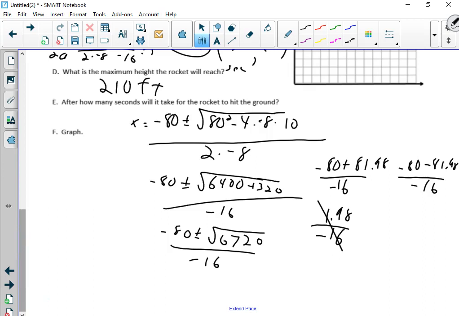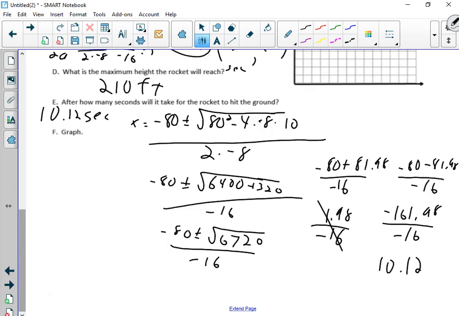We cannot have negative time. Negative 80 minus 81.98 is negative 161.98, divided by negative 16, and we get 10.12. Well, didn't we say between 10 and 11 seconds? So approximately 10.12 seconds it hits the ground.